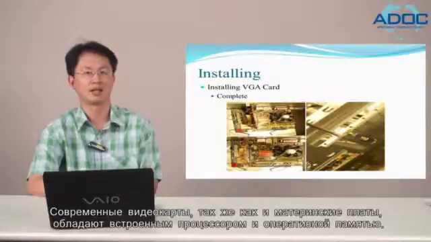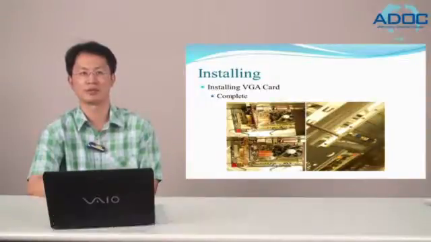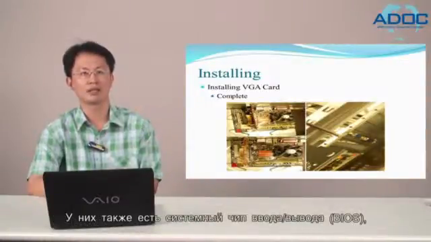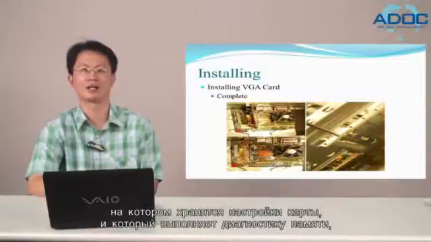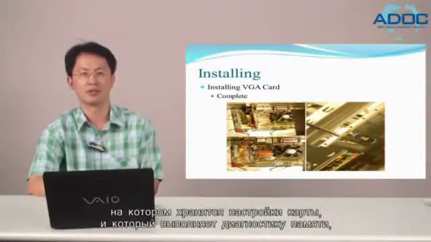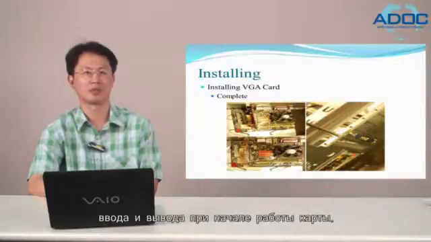Nowadays, like a motherboard, some graphics cards house processors and RAM. It also has an input-output system, a BIOS chip, which stores the card's settings and performs diagnostics on the memory, input and output at startup.